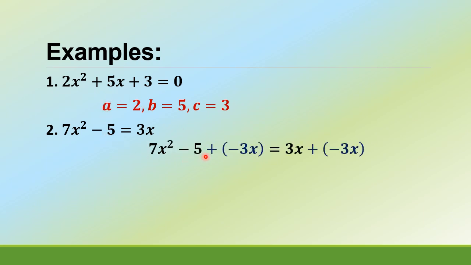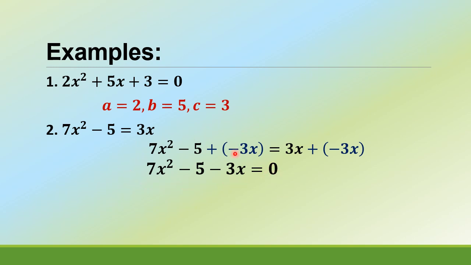So, by adding negative 3x to both sides, on the right side, 3x plus negative 3x becomes 0. Since you added minus 3x on the right side, you also have minus 3x on the left side. So we have here 7x squared minus 5 minus 3x is equal to 0.